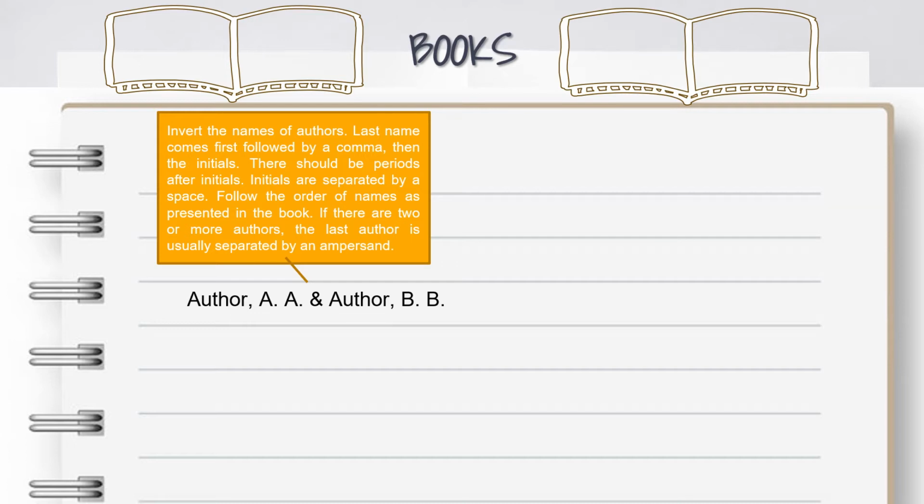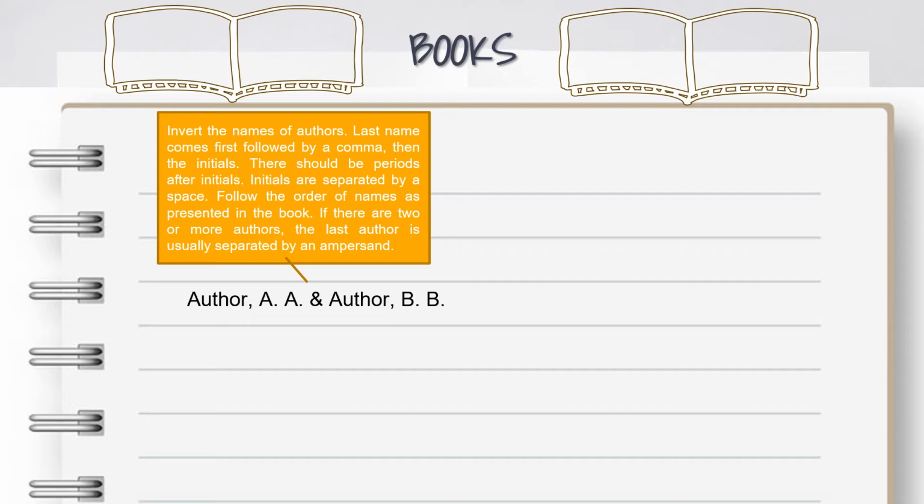So this is an example of an author, and we have two authors here. We have two entries of authors. We have author 1, this is actually the surname, and then the first name and middle name initials, or maybe the author has two names, so it has two initials.